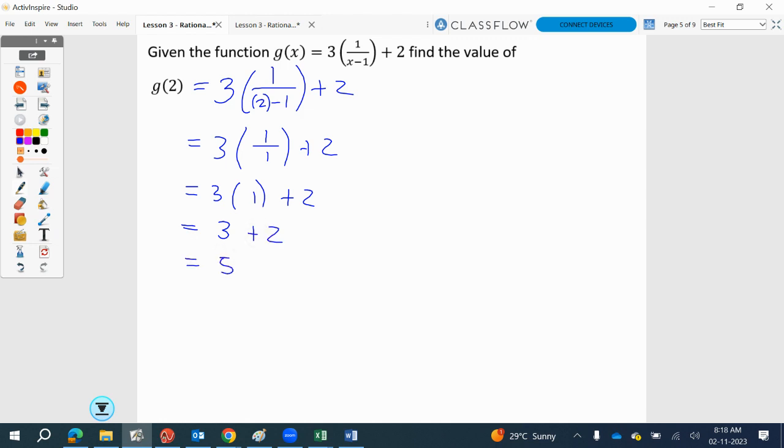Why do I do this? This shows you the order of precedence of your transformations. So your first transformation is this one. This is your horizontal shift. Your next transformation is this one.